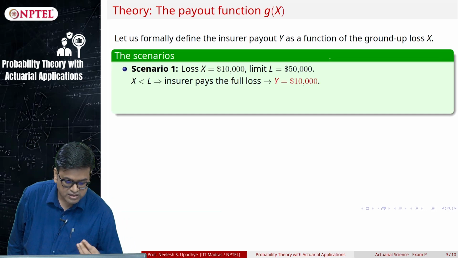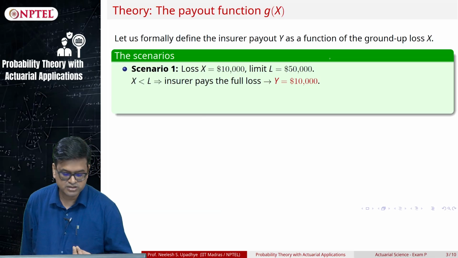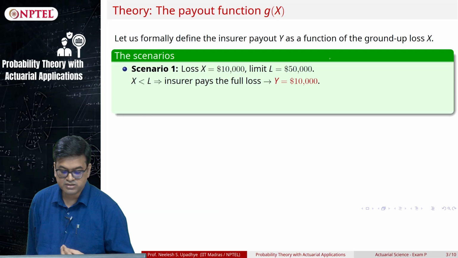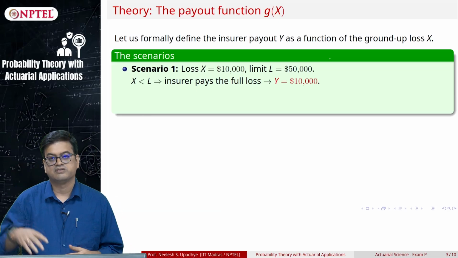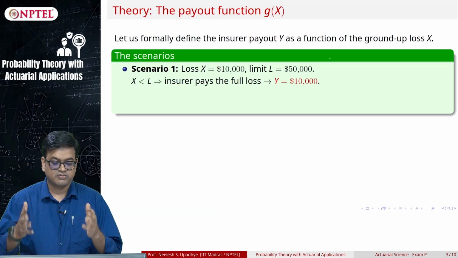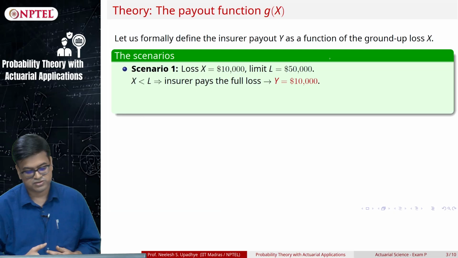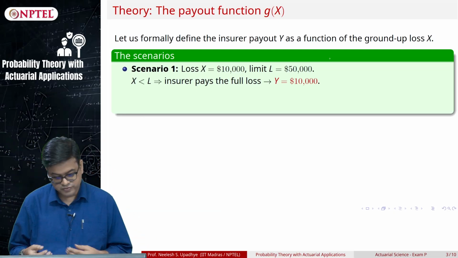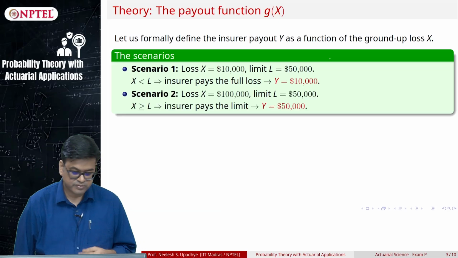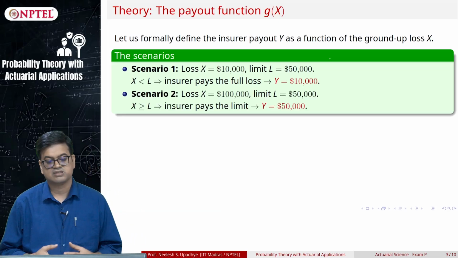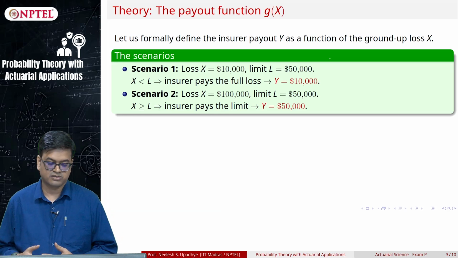In scenario 1, let the loss X be 10,000, but the policy limit is defined to be 50,000. In that case, whatever you claim will be paid by the insurer, so the insurer payout is full, Y equals 10,000. In scenario 2, let us say your loss is 1 lakh and the policy limit is 50,000.